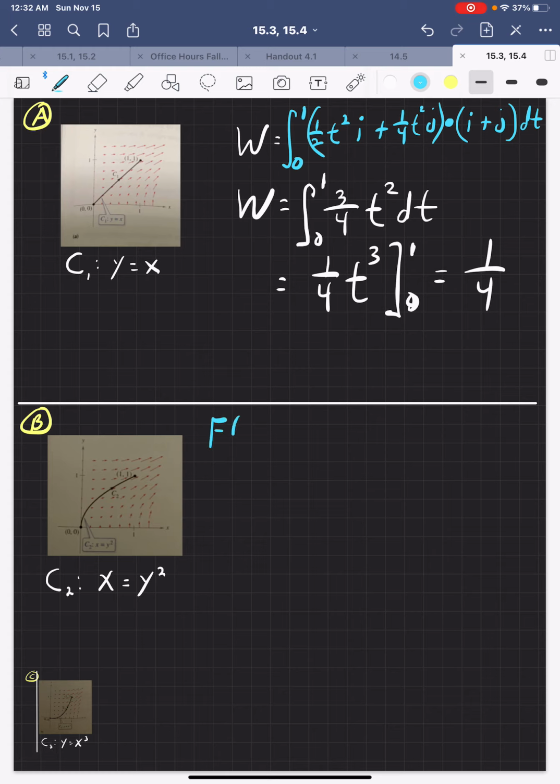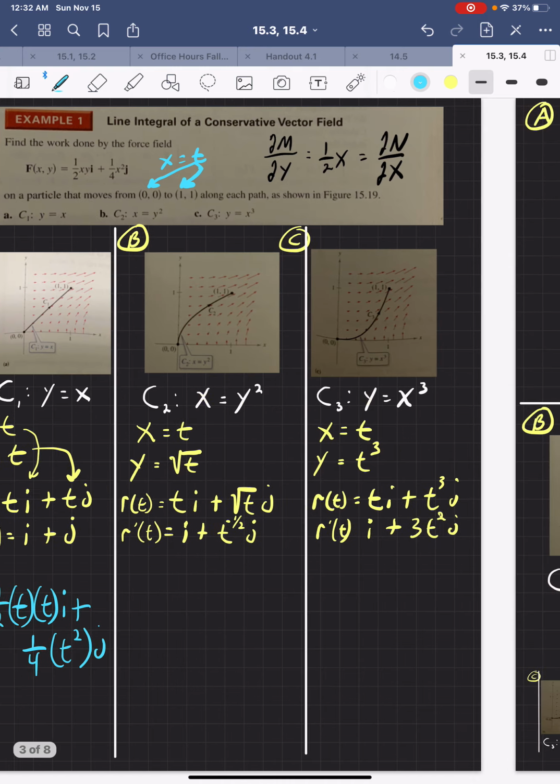So in this case, F, I'm just going to write it as F. Remember now F is a function of t, so it's F of x of t, y of t. But F at this stage is going to take on the form of 1/2 x times y in the i direction.